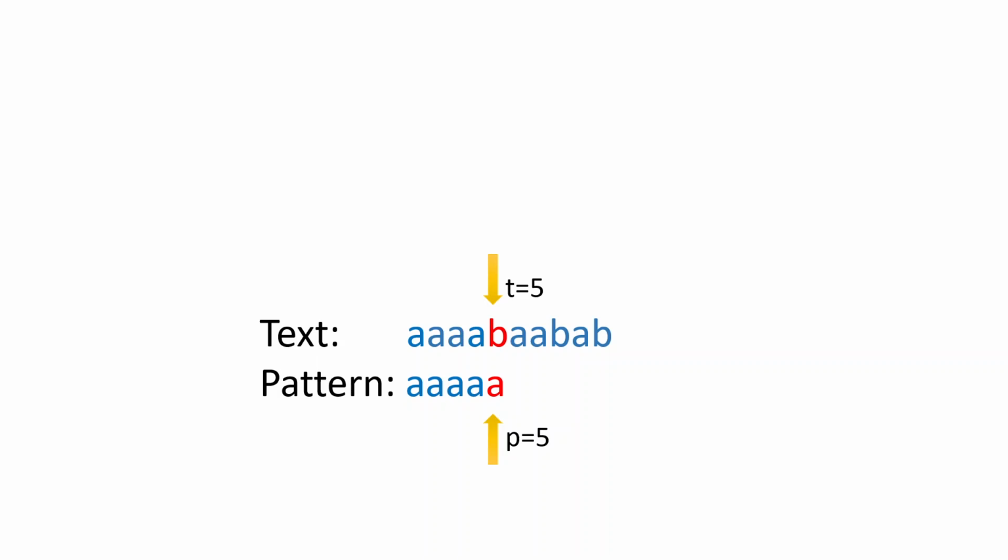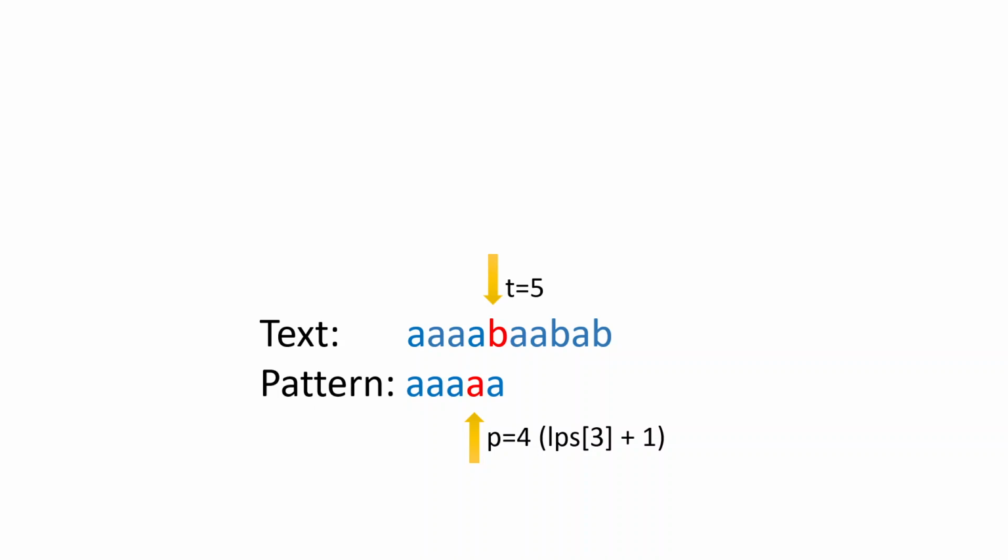So we have an outer loop which is incremented one by one for each position of the text, and within that outer loop we check whether we can find the pattern using an inner loop. If the text size is n and the pattern size is m, the worst time complexity would be big O of m times n. That is quadratic, not linear. Now let's see how KMP improves on that.